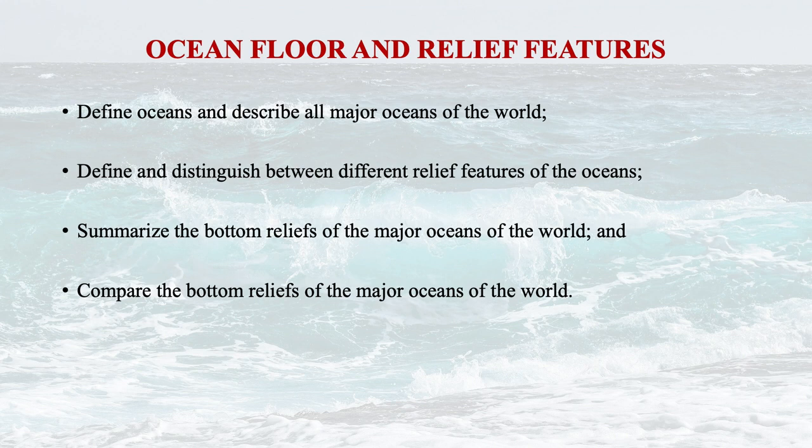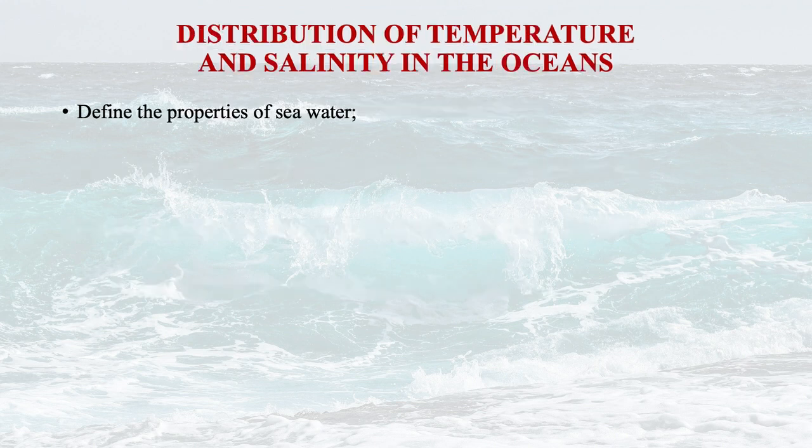Now, in the next unit, related to distribution of temperature and salinity in the oceans, after viewing the two video programs, on distribution of temperature and then distribution of salinity in the oceans, you can define the properties of ocean water, different properties like temperature and salinity. You can explain why salinity is important in the oceans.